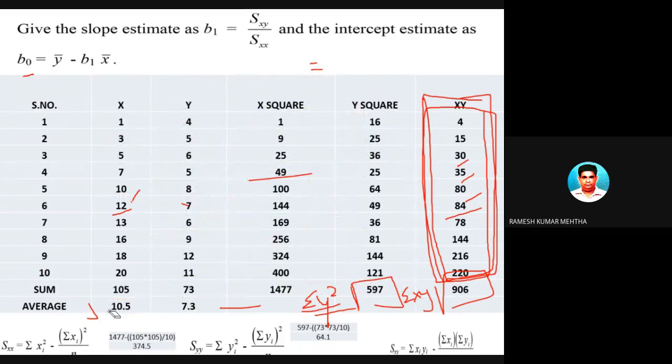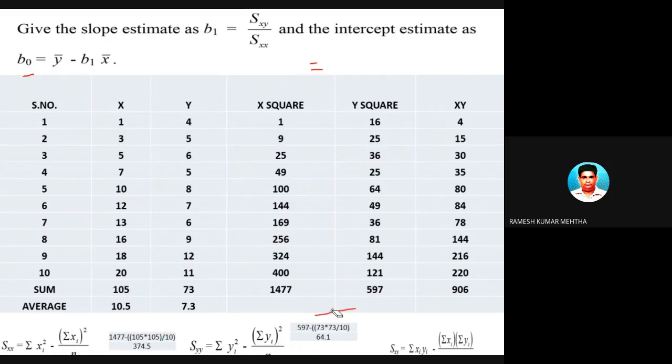And now simply what you have to do, you have to use the formula to find out the values of A and B. Again, I'm telling y is equal to A plus bx, and our primary motive is to find out the value of A and value of B by using the statistical manual method. So here, this is the equation and this is the equation.